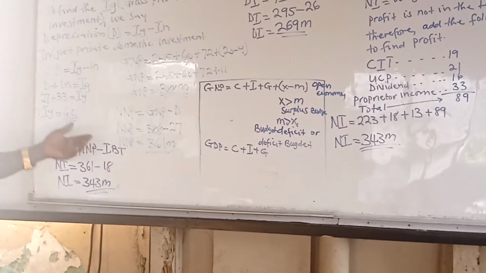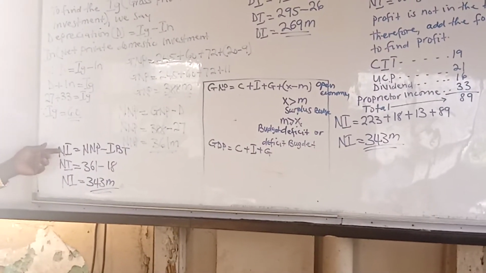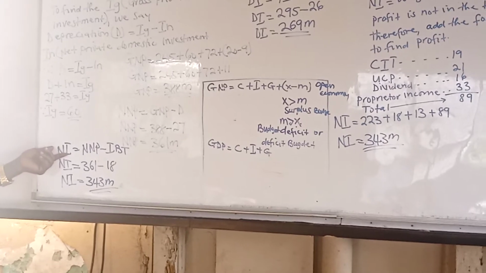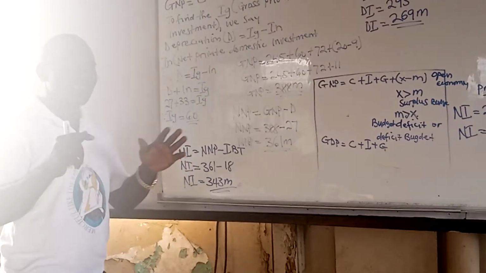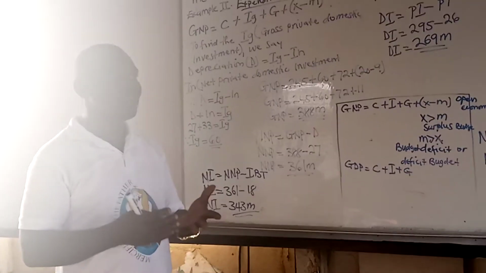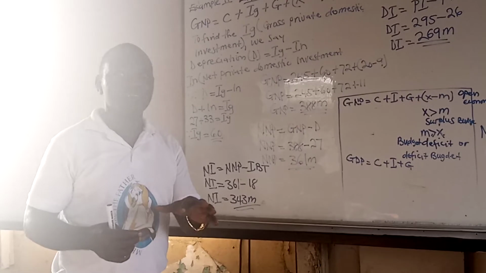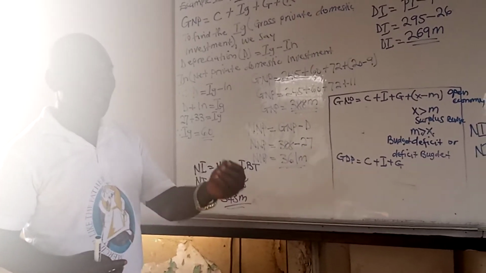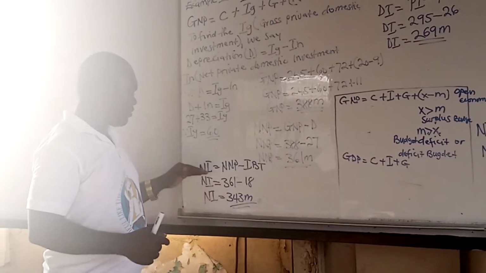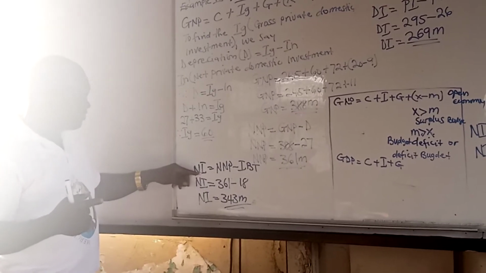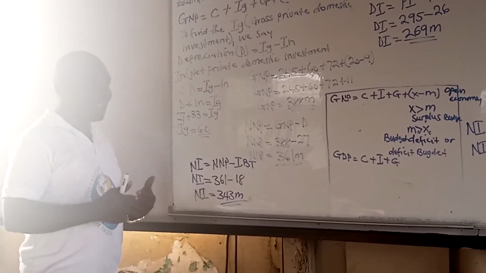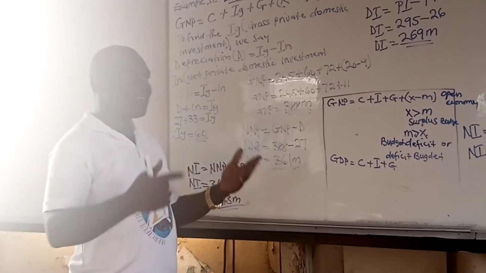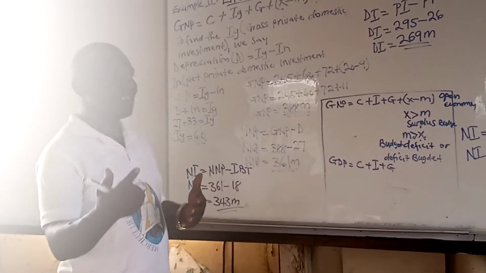After finding that, you come to NI. NI stands for national income. So the NI, the national income, is the income you receive, and there are different types of income you receive. Sometimes it can be in cash or in kind. Looking at the national income, sometimes you look at grants or aid or subsidy given by other countries.